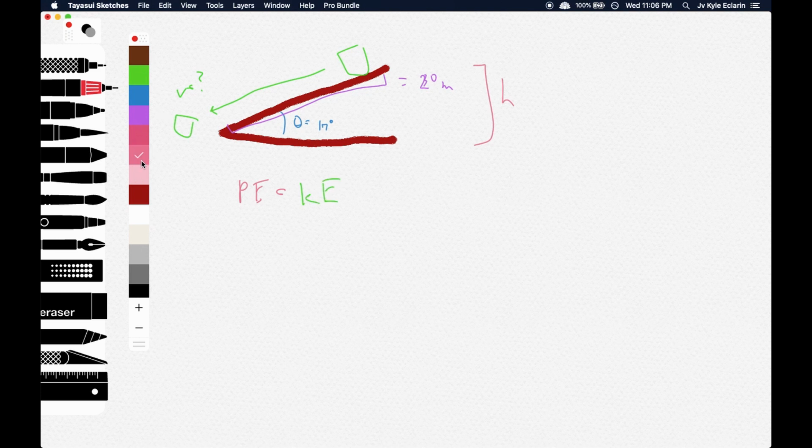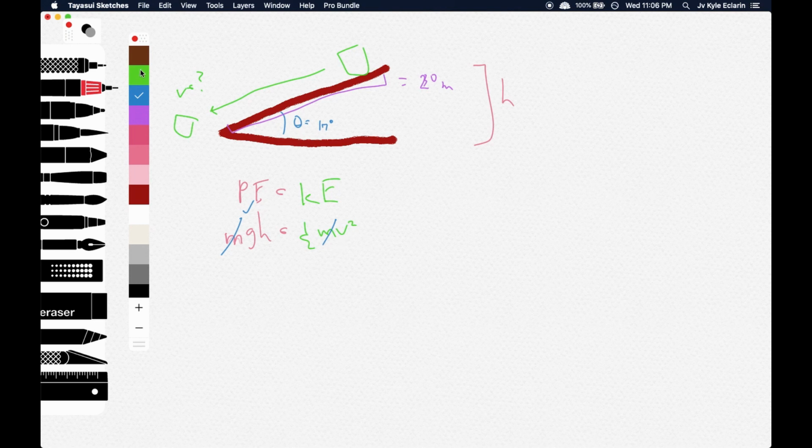So mgh is then equal to 1/2 mv squared. Now, the masses cancel out. Do we know g? Yes, we do. Do we know h? We can solve for that. Do we know v? That's what we're looking for.